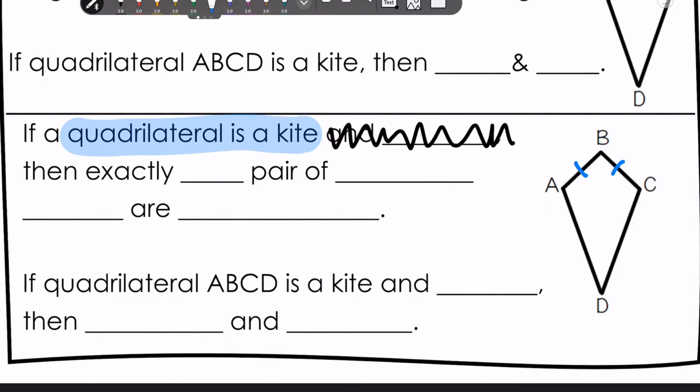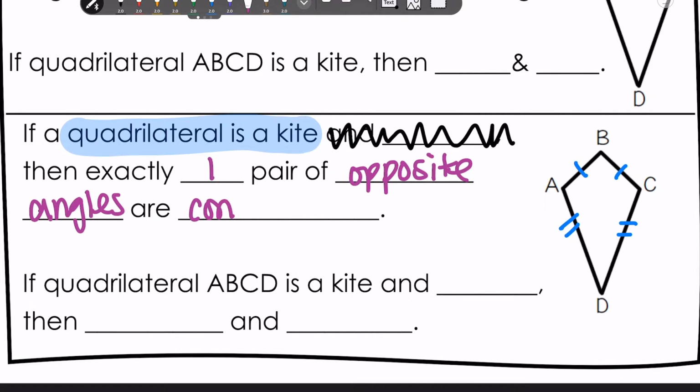Let's mark up our kite. Consecutive sides are congruent, right? Then exactly 1 pair of the opposite angles are going to be congruent.